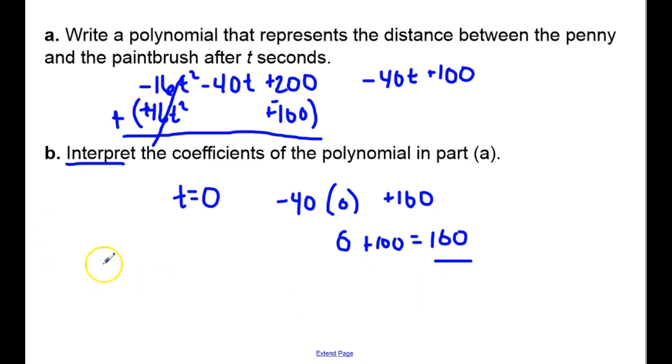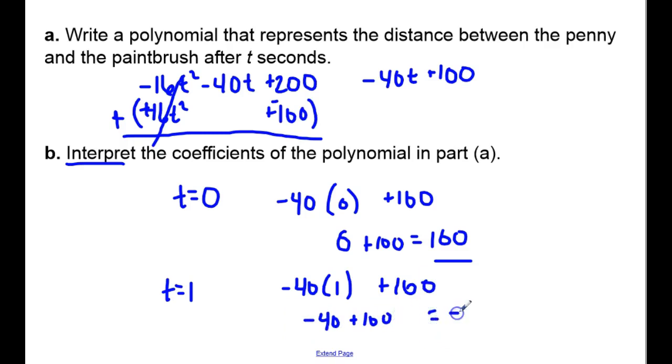Okay, so then let's try a t of 1. Negative 40 times 1 plus 100. Negative 40 plus 100 gives me a positive 60. So the difference here is I'm now only 60 feet apart. That tells me that for every second that the objects fall, they get 40 feet closer.